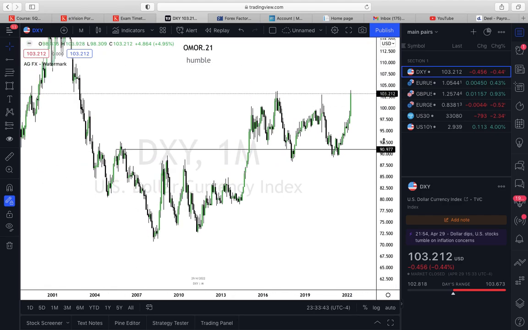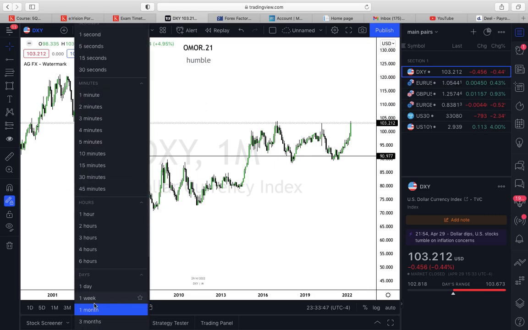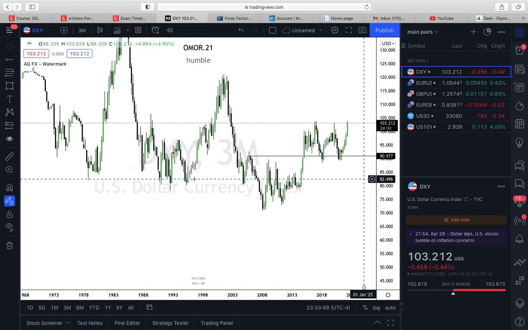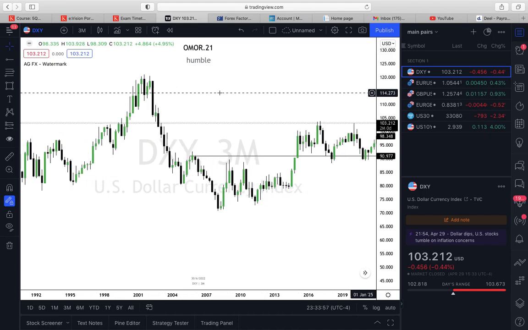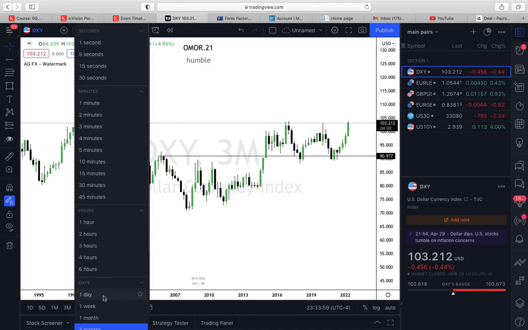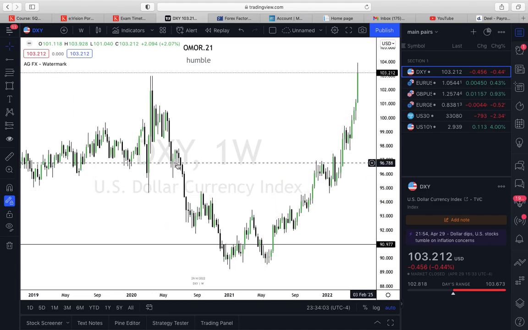The question is to where? My answer to that: I want to see this rebalanced, the same way we were slowly attacking this price range.